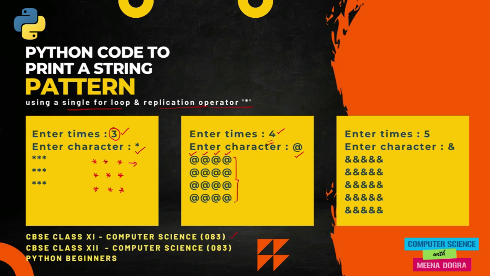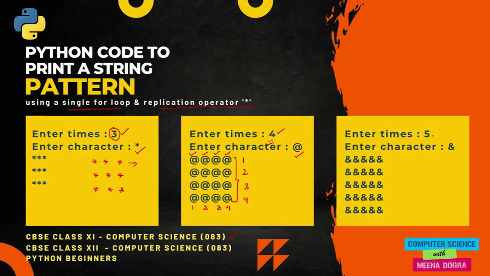So here I'm getting 4 lines, 1 2 3 4, and in each line, how many @ symbols do I have? 1 2 3 4. So replication is taking place to generate one line, character multiplied by the integer, and then this line is also getting printed n number of times, where n is the integer the user has provided.